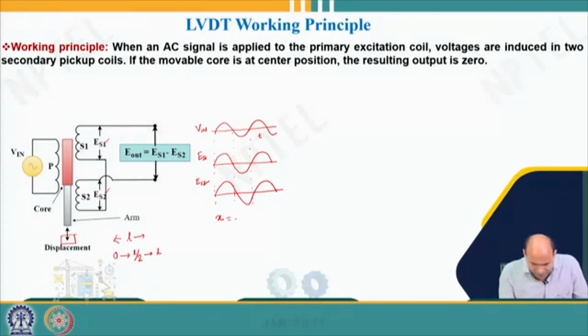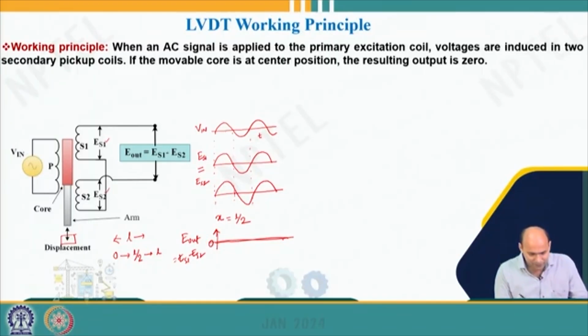So when X equals L by 2, that means the core is at central position, then both ES1 and ES2 are equal. So my output voltage Eout, that is nothing but ES1 minus ES2, will be simply 0, is not it?